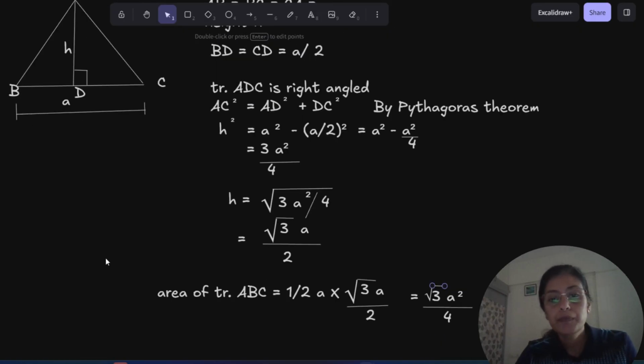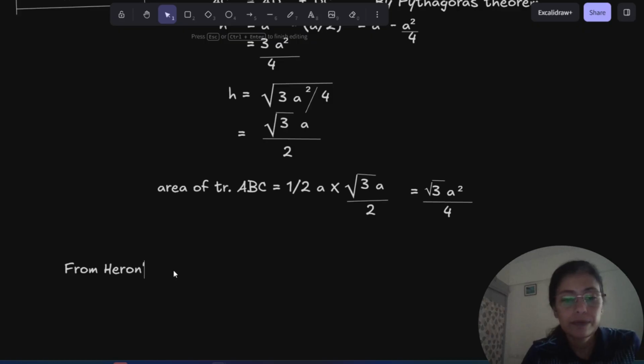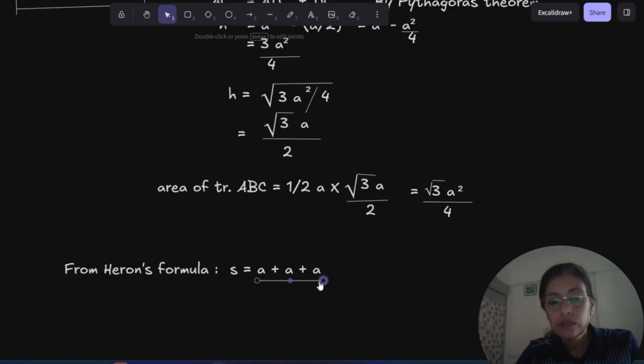Right? Now we take the other formula, from Heron's formula. From Heron's formula, what do we get? Semi-perimeter will be A plus A plus A upon, sorry, not 3.